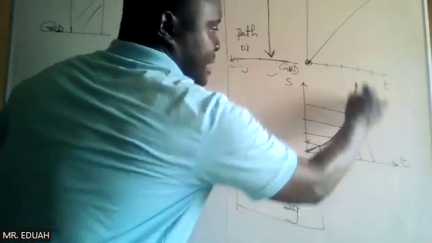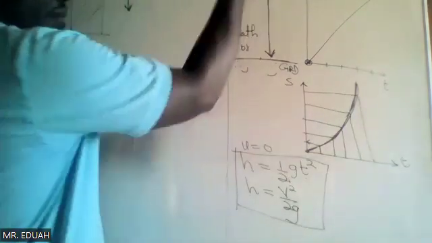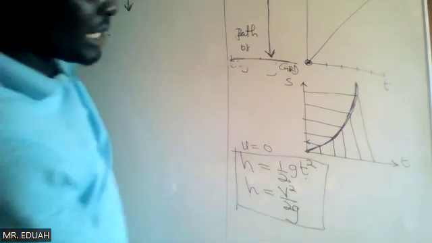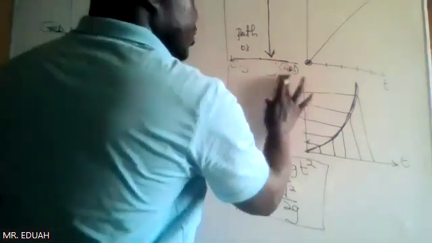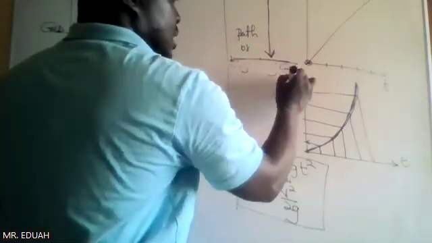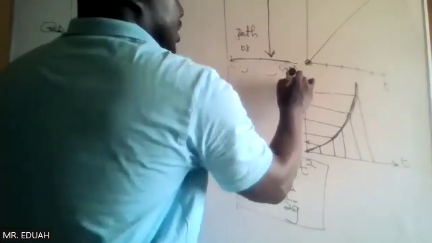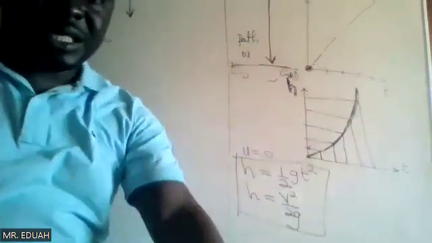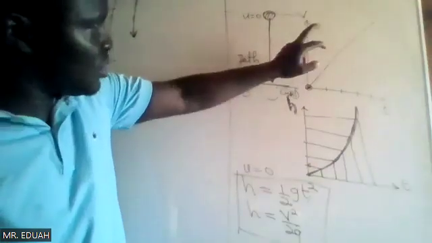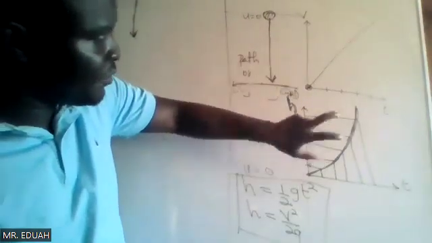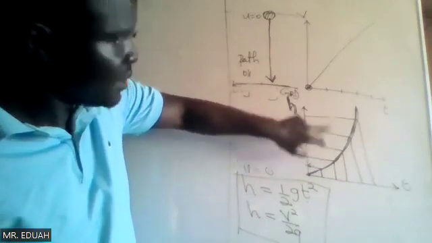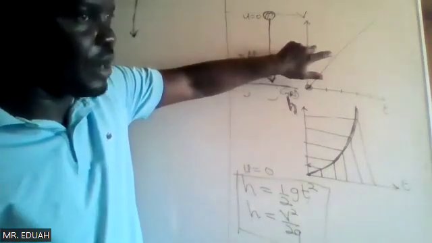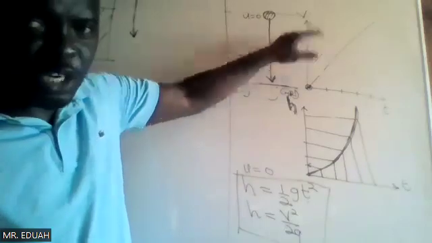So we get to the maximum height or the total height it could travel. Okay, so instead of s, let's use h. So this is the displacement time graph for free falling body. This is the velocity time graph for free falling body.